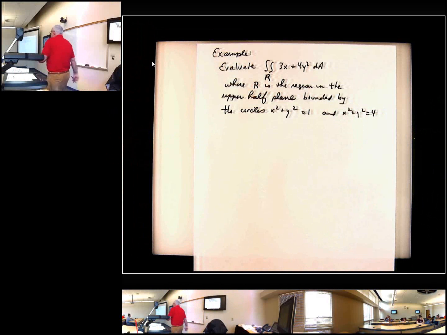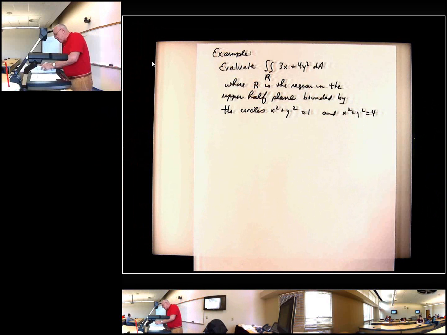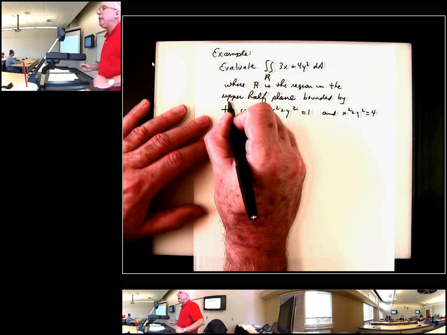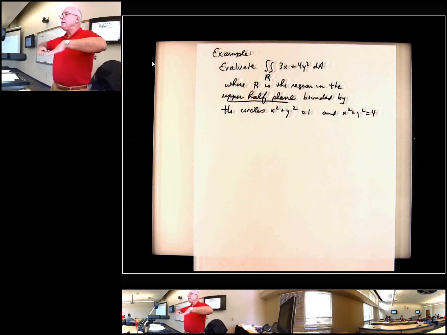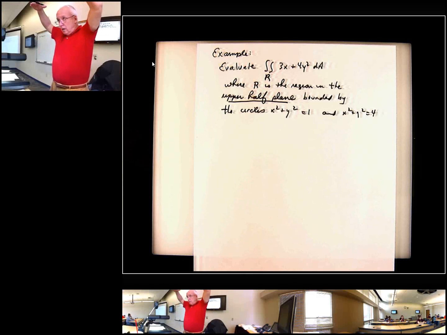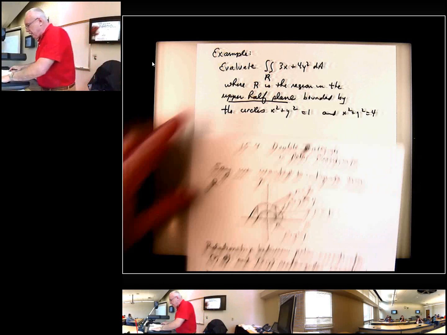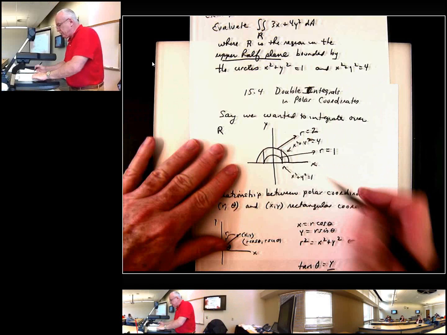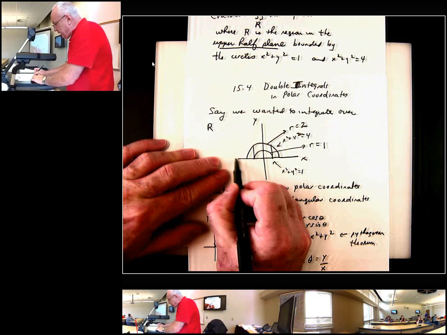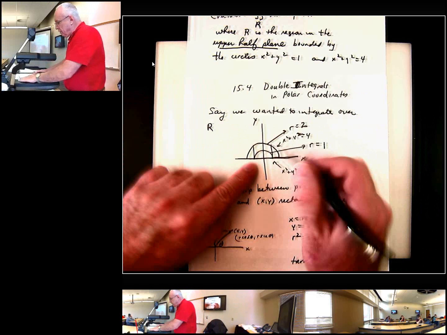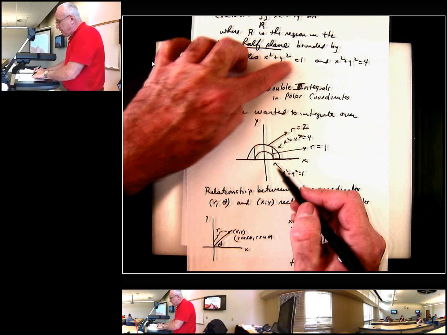Okay. In fact, this is exactly the area that we talked about at the very beginning that I gave as an example. Just want you to understand here, the upper half plane means we go everything from the x-axis on up. So therefore we have half circles. The inner circle here is x squared plus y squared equals 1.